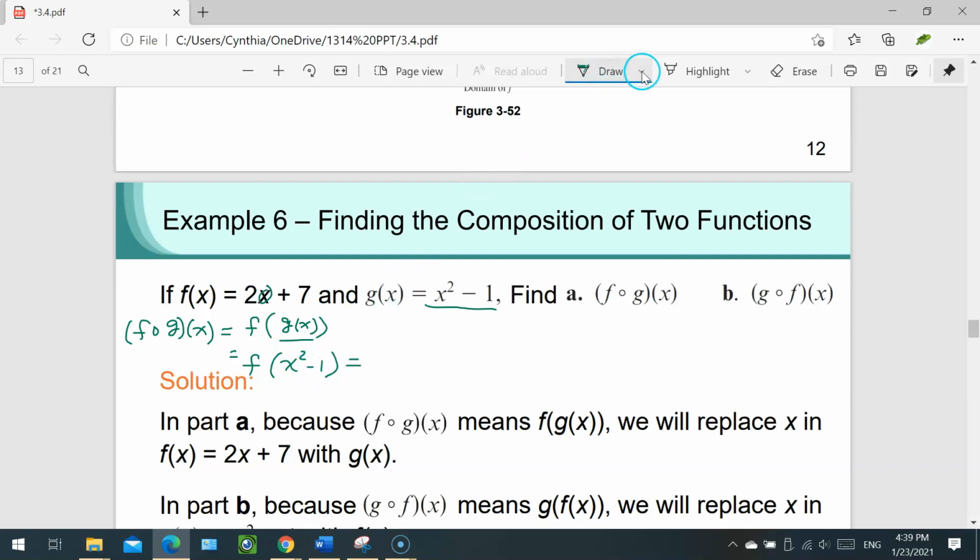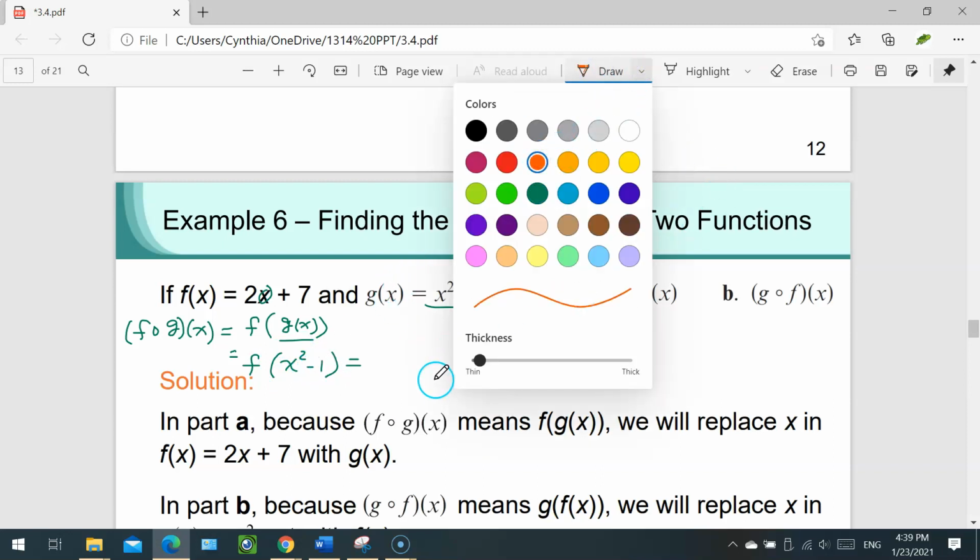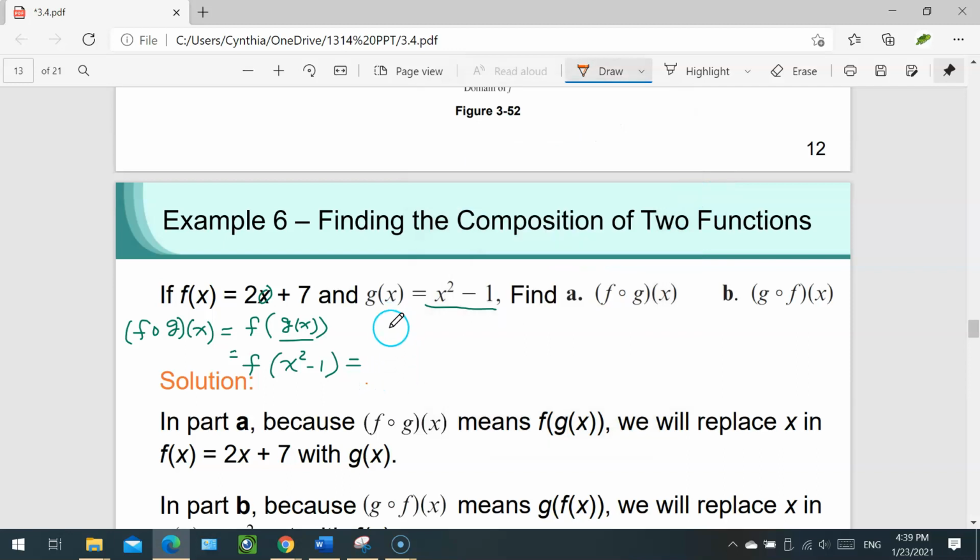So the way you rewrite on this step, my recommendation is to keep the x space: 2x plus 7. Write down the f function first, but when you hear the x, you just leave it blank. So 2 something plus 7.